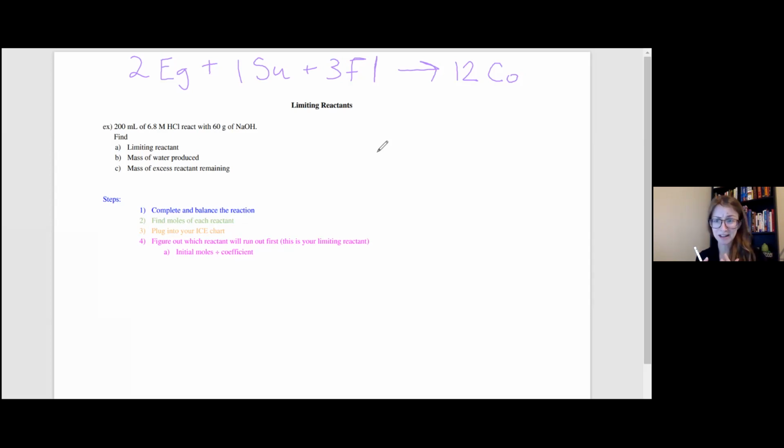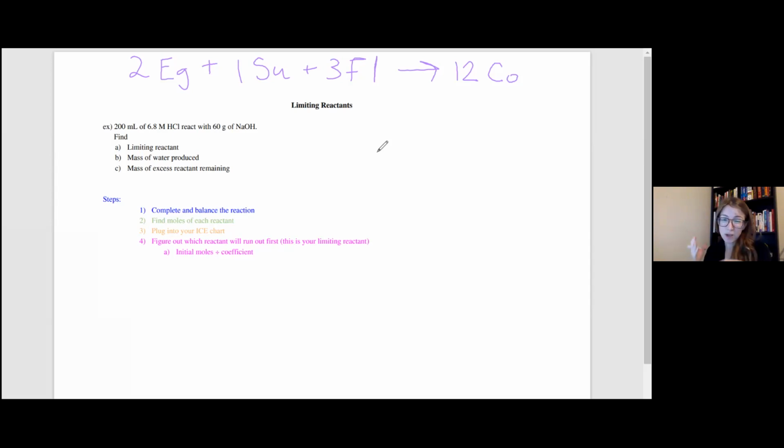Continuing with my analogy for one more minute, maybe you have a dozen eggs, but you have 10 cups of sugar and 18 cups of flour. The amounts you have in your pantry and your fridge versus the amounts we need here. We need 2 eggs for every 1 cup of sugar for every 3 cups of flour.